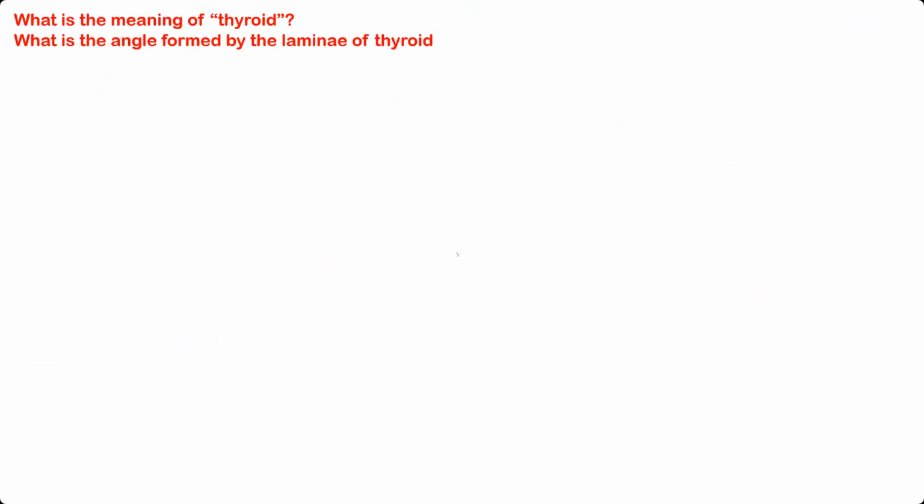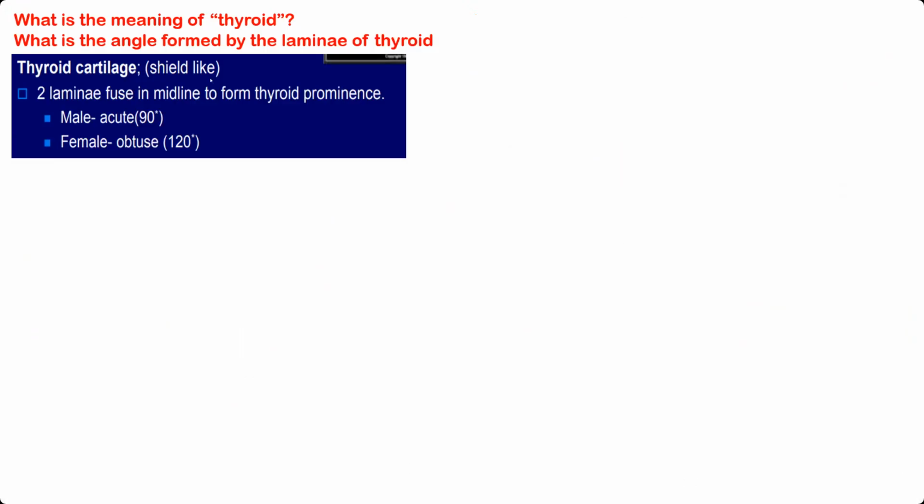What is the meaning of thyroid? What does that word thyroid mean? What is the angle formed by the two laminae of the thyroid cartilage? Thyroid means shield-like. It is like the shield that Roman soldiers used to hold in their hand when they went fighting.